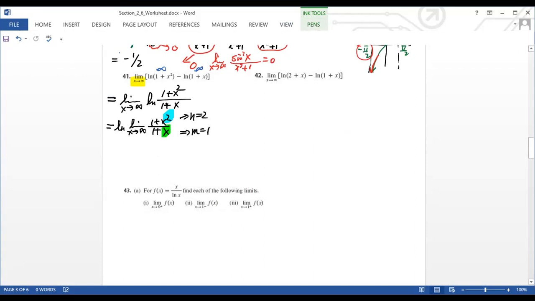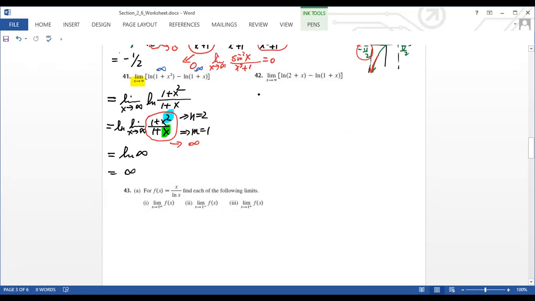So the numerator exponent is greater than the denominator. So what does the whole quotient approach? It approaches infinity, right? So now I know that my function is natural log of infinity. What is the value of natural log of infinity? It is infinity. Got that? Okay.